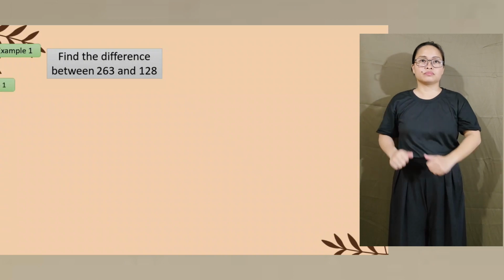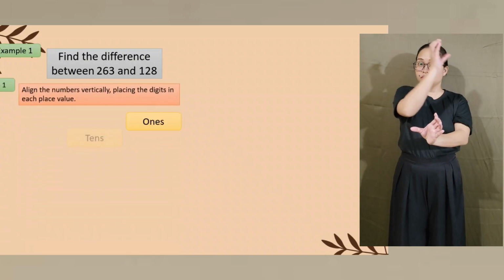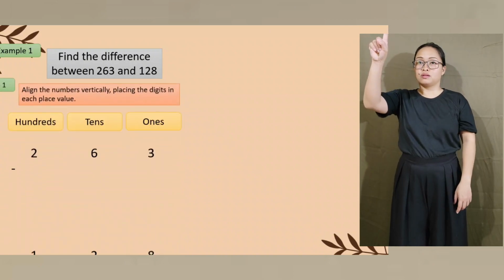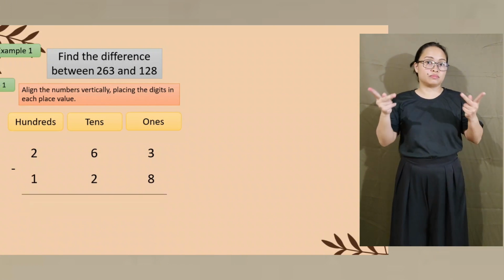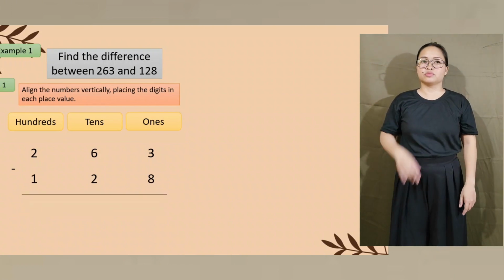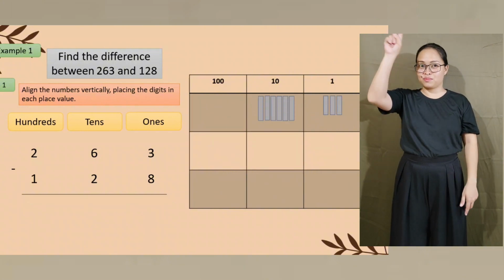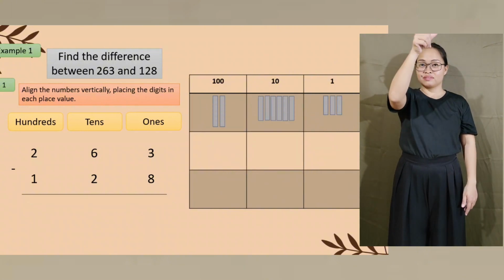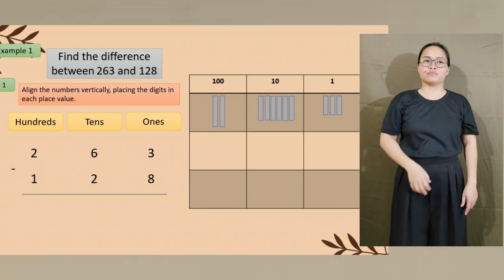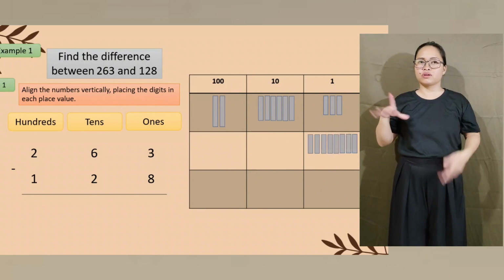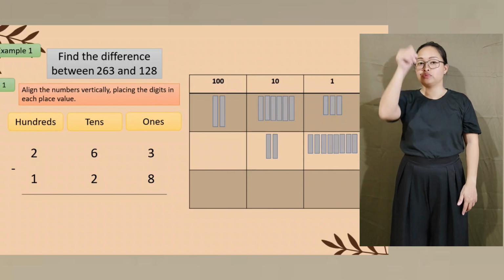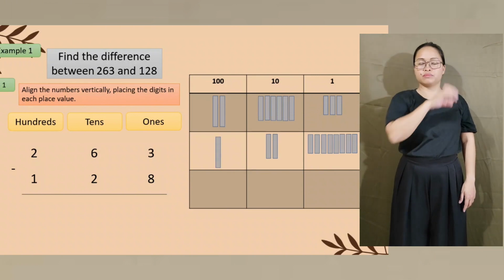Step 1. Align the numbers vertically, placing the digits in each place value. So 263 has 3 ones, 6 tens, and 2 hundreds, while 128 has 8 ones, 2 tens, and 100.